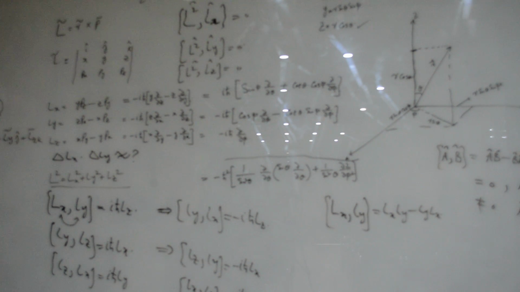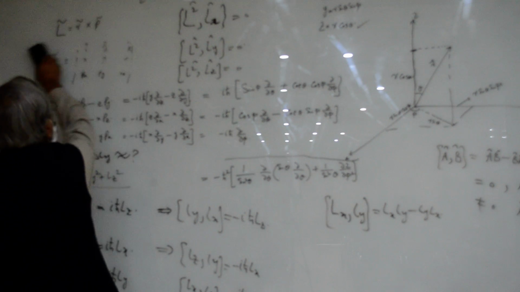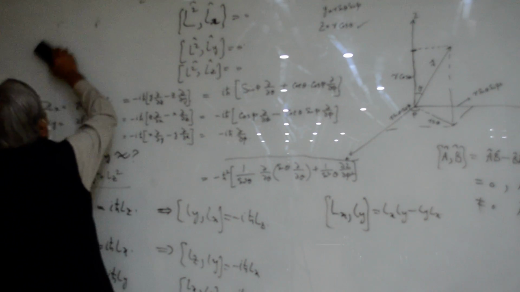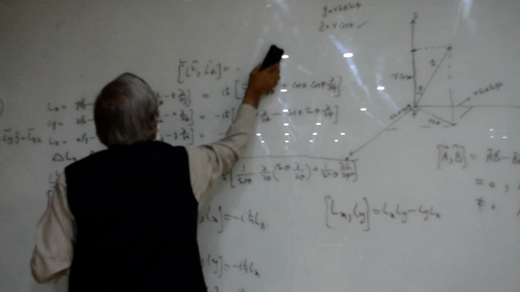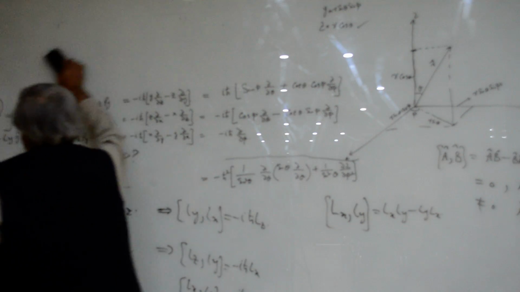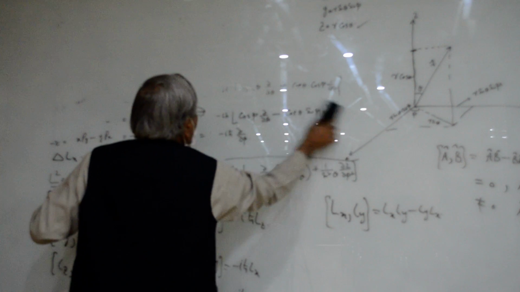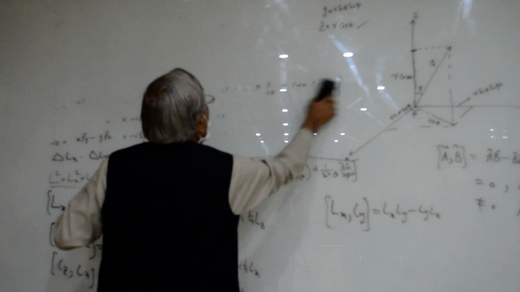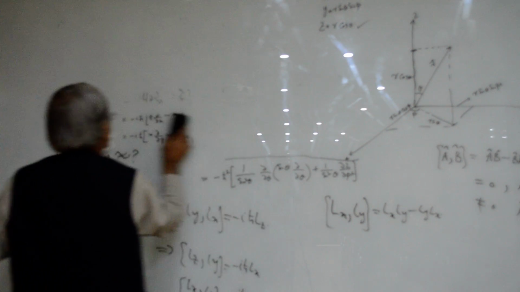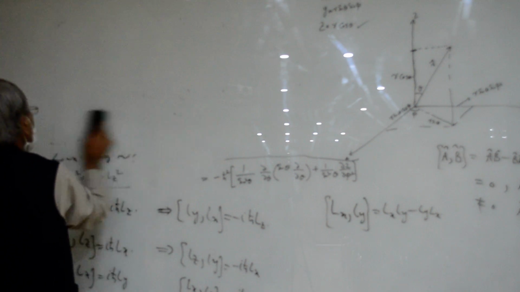Then after this, we are going to define 2 new operators. That is how quantum mechanics progressed: when need arises, then they always have new operators.